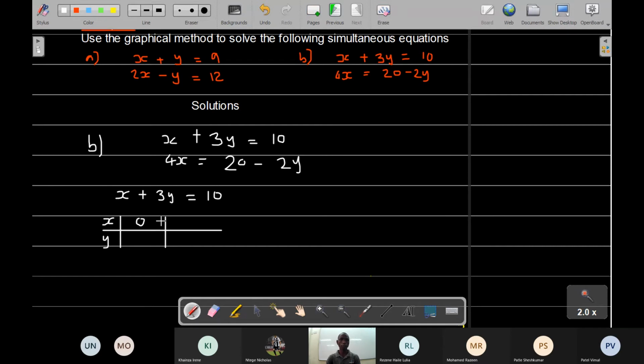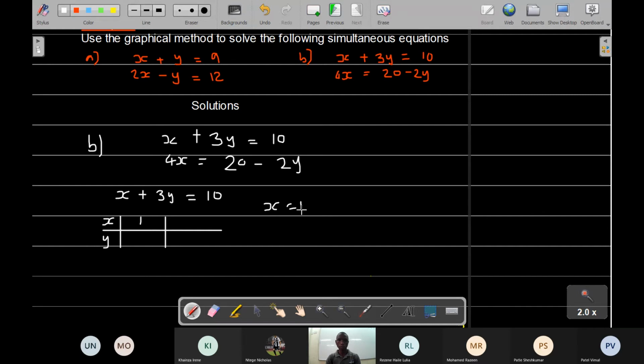Or what is the value of y when x is 1? It is up to you. But you don't use a big one, because at least you have to be near 0, 1, 2, like that.